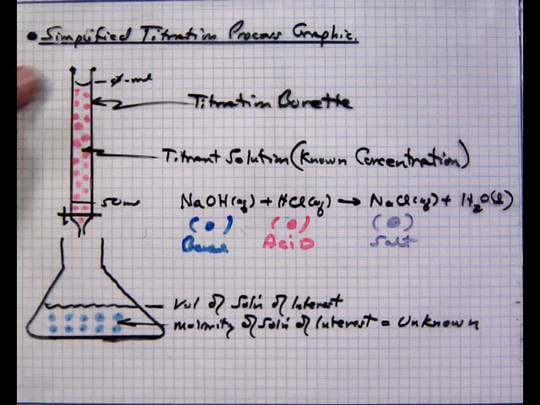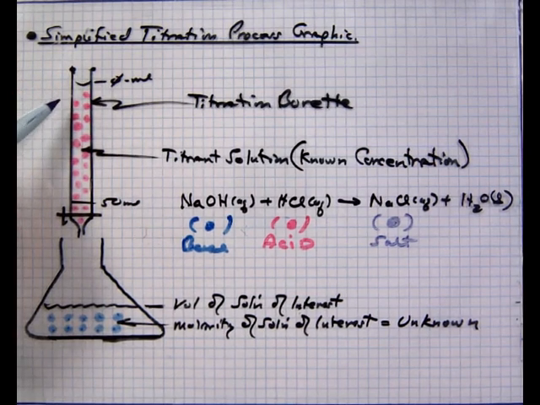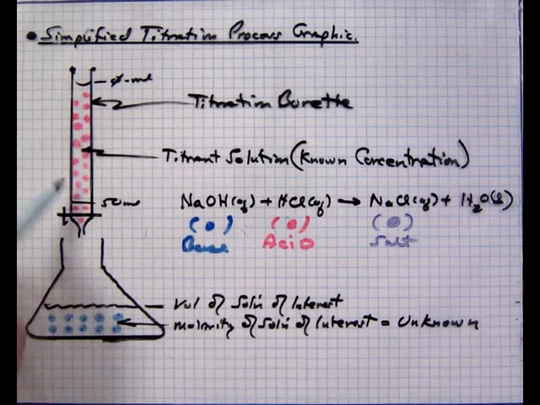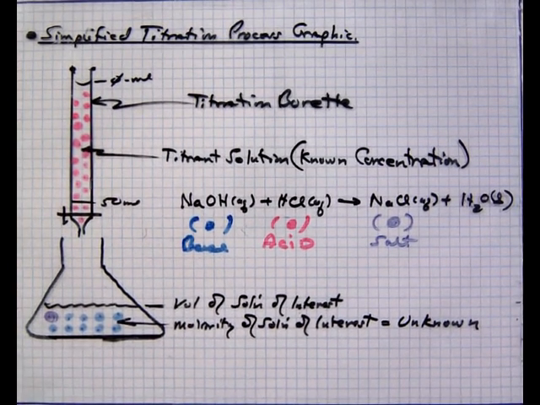So when I open the stopcock, it's going to drop in volume by the loss of the amount that you put in, and the solution now has a salt in it.